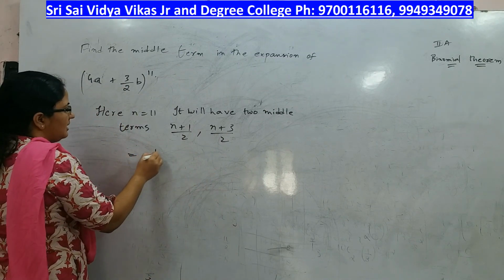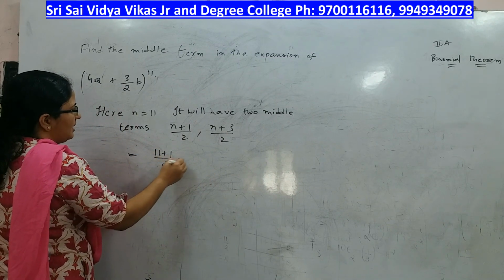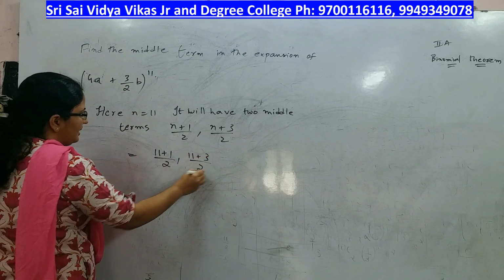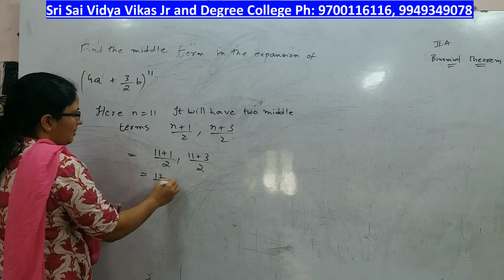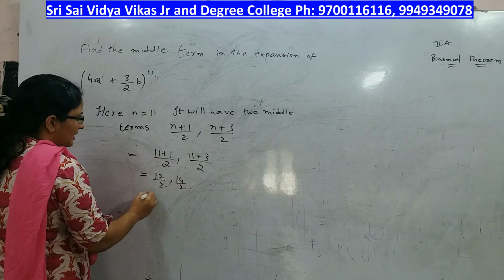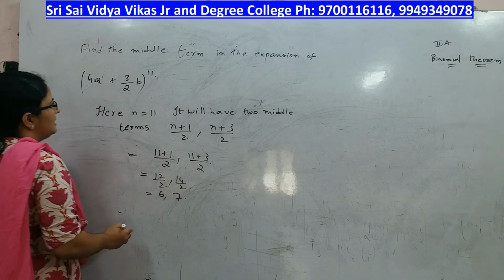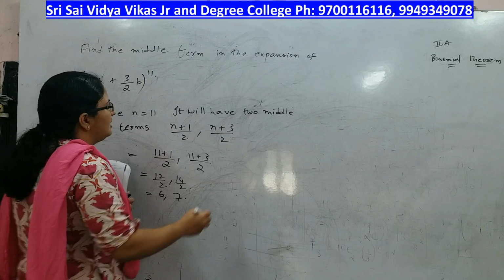So that is (11+1)/2, (11+3)/2, that is 12/2, 14/2, 6 and 7. The sixth term and seventh term are the middle terms.